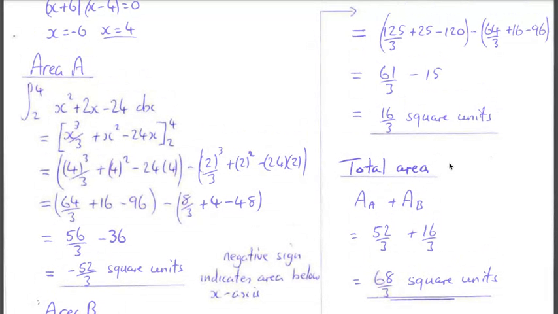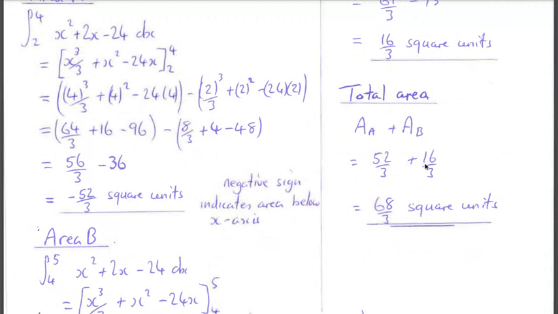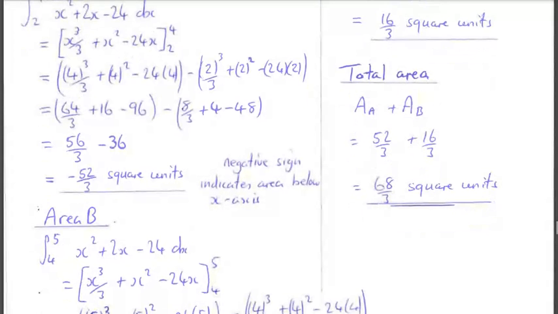And then find the total area. So sorry, we get 16/3 square units there, and then find the total area. So 52/3 plus 16/3 would be 68/3 square units. And that is us done.